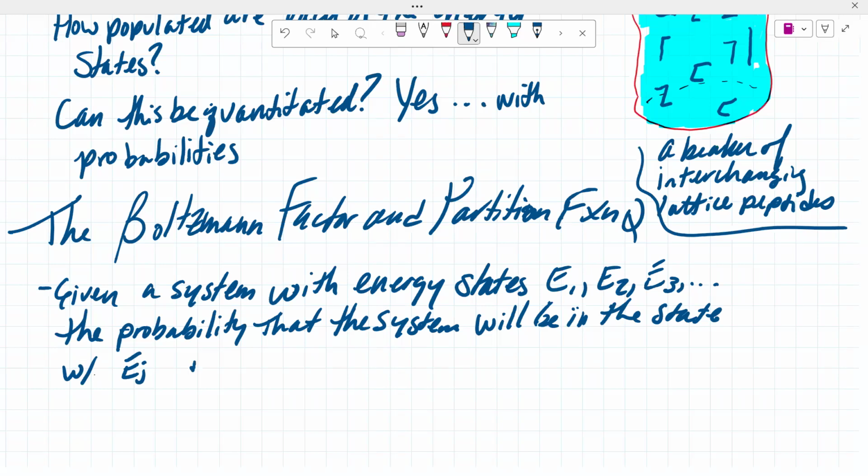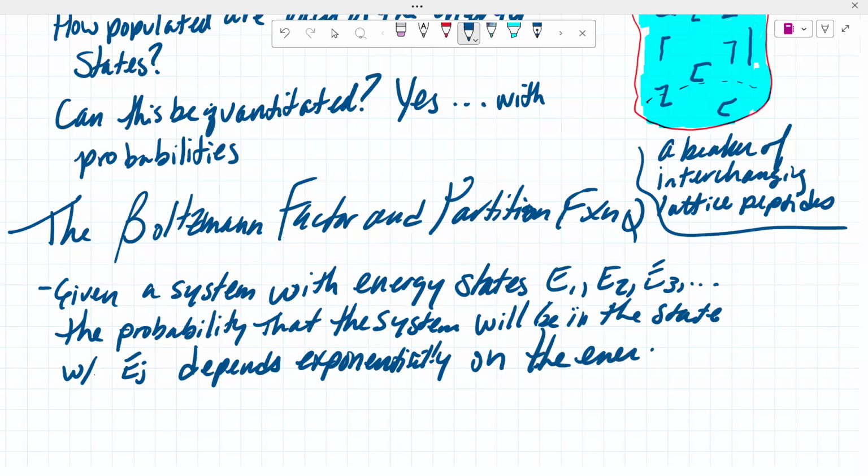It depends exponentially on the energy of that state. So in other words, we're going to be using some exponentials.